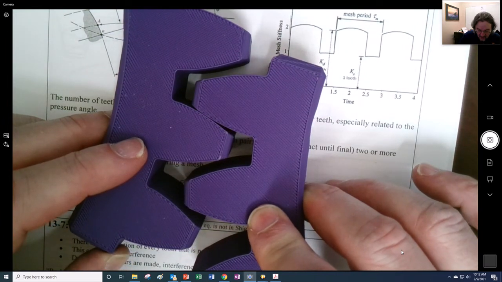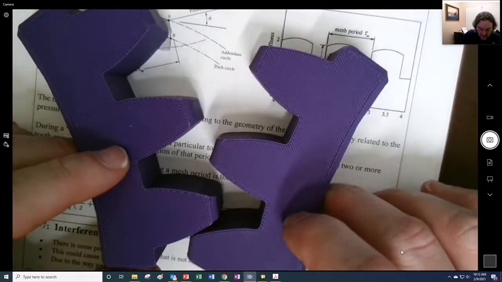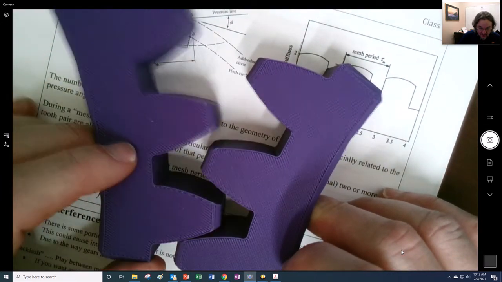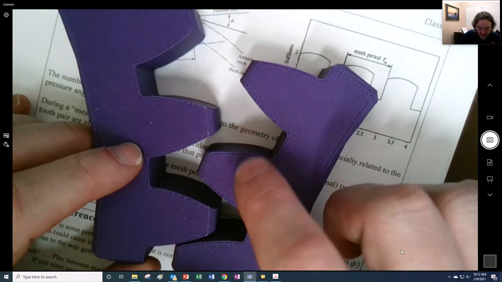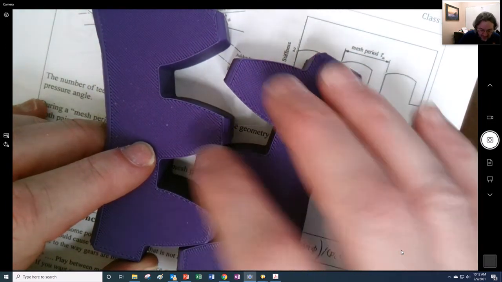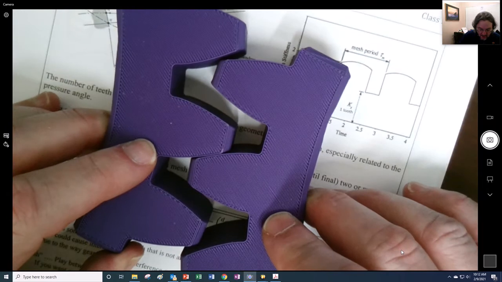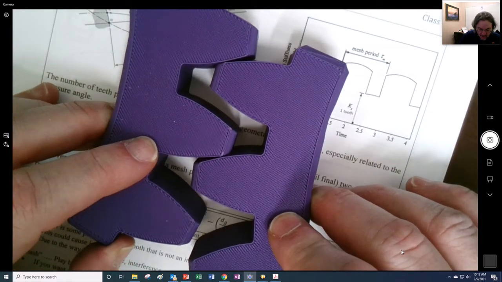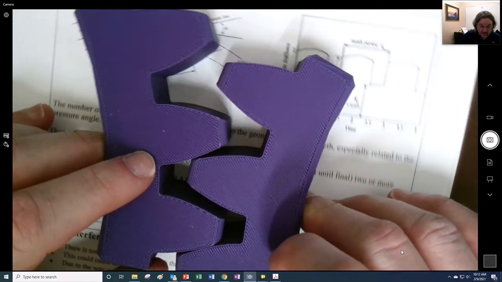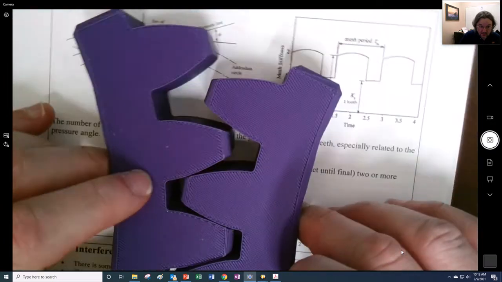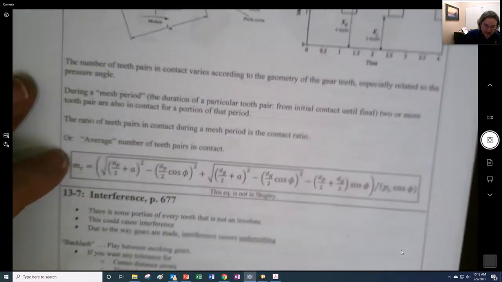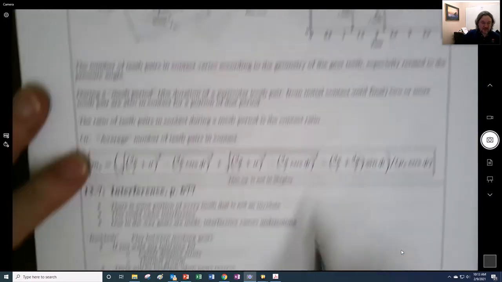We could start with these teeth right there, where this one is driving this one. We move that down, and we can see that engages, and then this starts to happen. So it's the transference of load from one tooth to another. That's what contact ratio is.